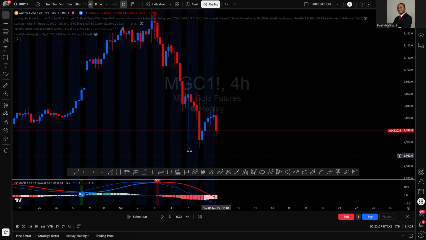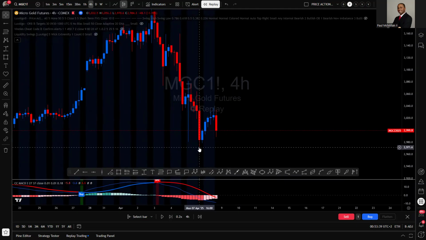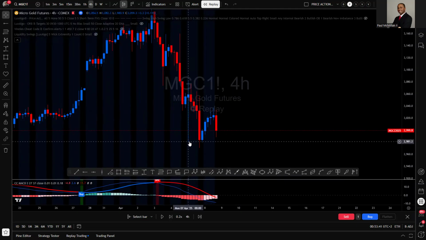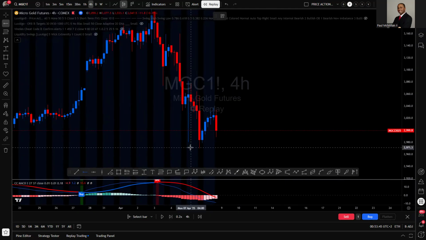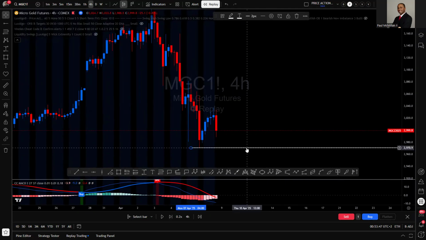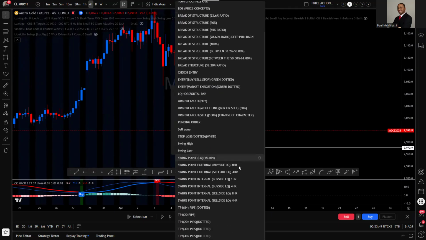So you can see that there's external liquidity here because this previous low here was wiped out. It was 25% here. But there was external liquidity on the 4-hour, external liquidity on the sell side on the 4-hour.